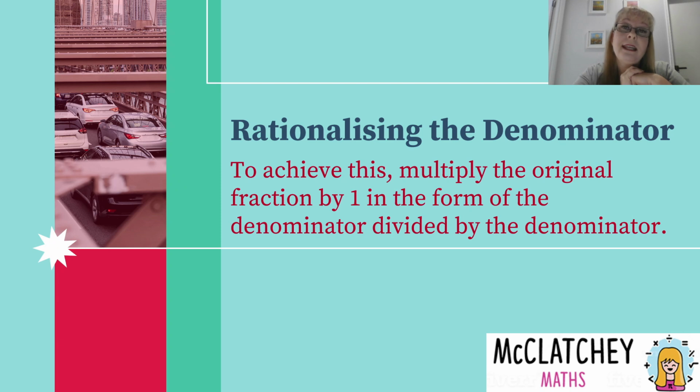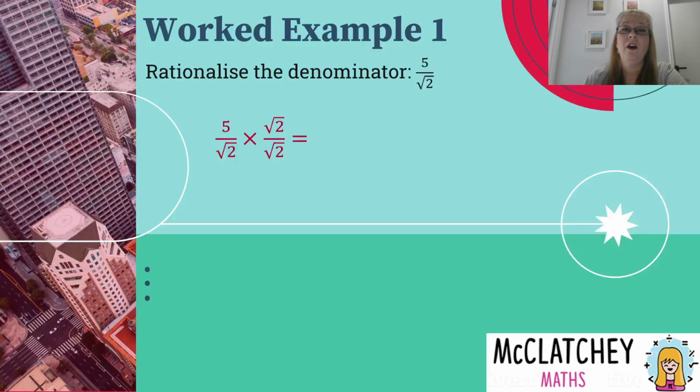If I multiply a half by 10 over 10, I'm now going to get an equivalent fraction of 10/20. And that's the same principle we're following here. We're just going to take that denominator, which is a surd already, and transform it into a fraction over itself. So let's have a look at what that looks like.